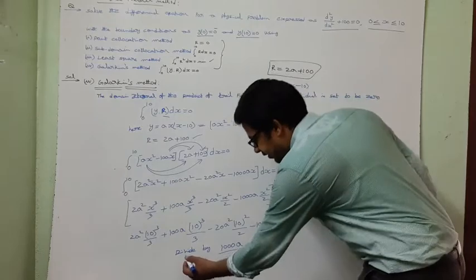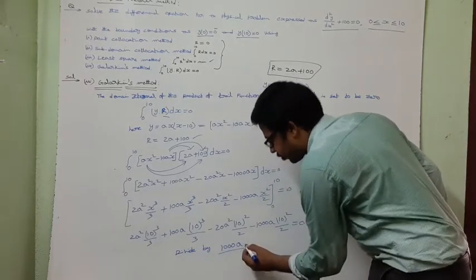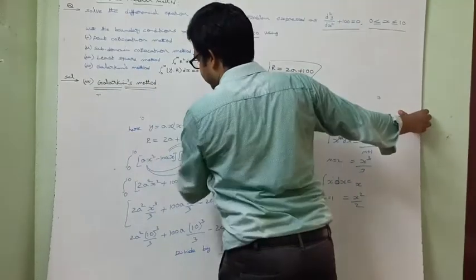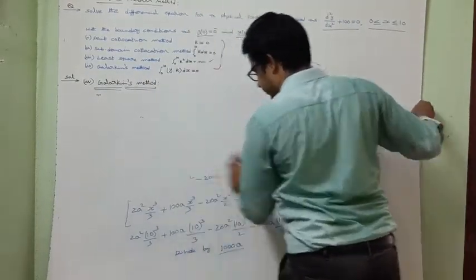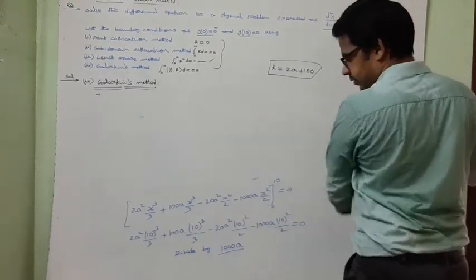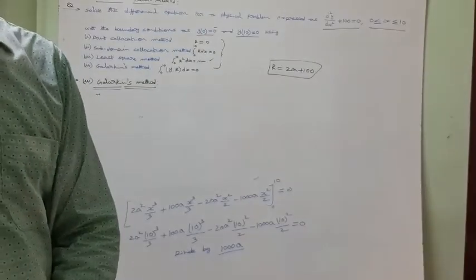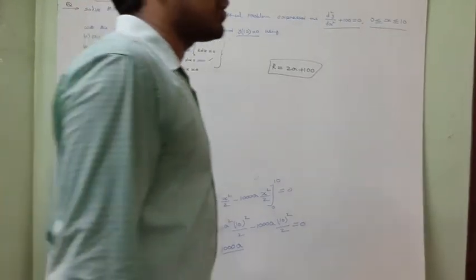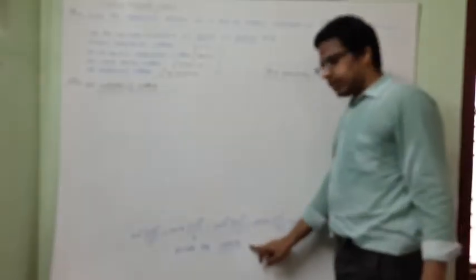This equation can be divided by 1000 into a.